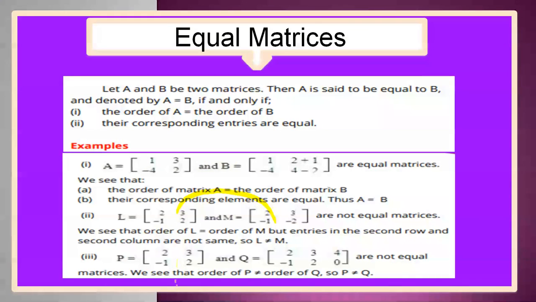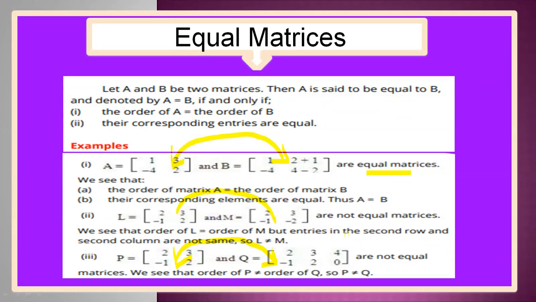But here they are not the same. This one is 2 by 2, two rows, two columns, while this one has two rows, three columns. So we can't compare these. They are not equal. Therefore, remember two things in your mind: their order should be the same and their entries should be the same, so we can say both matrices are equal matrices.